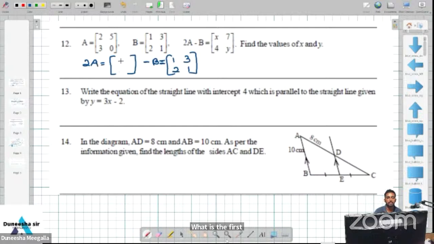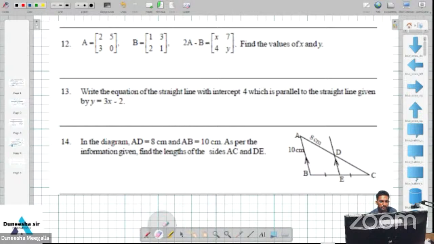All elements should be multiplied by 2. Okay. Can you get the answer?